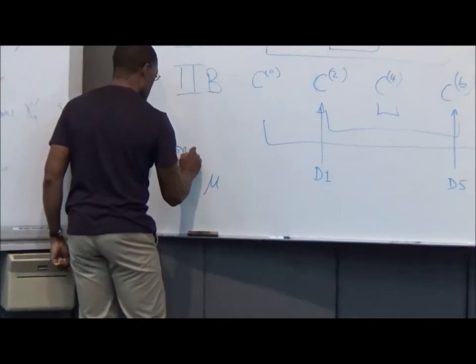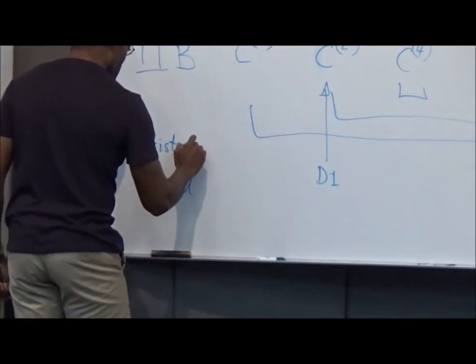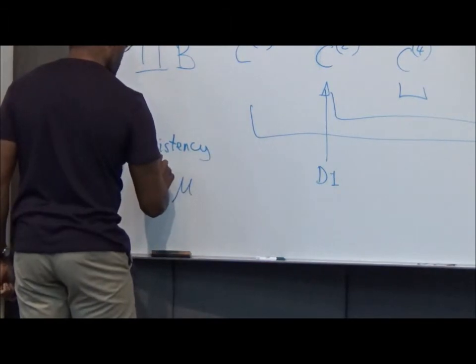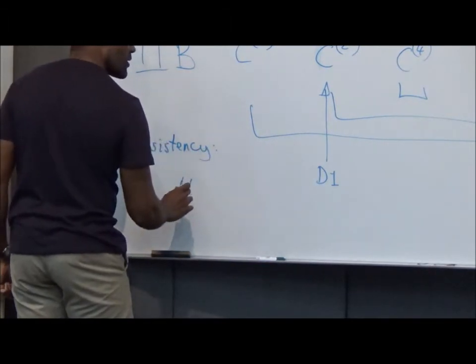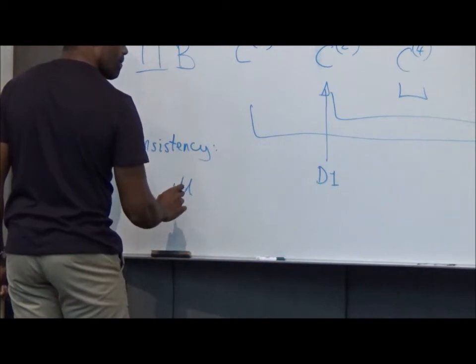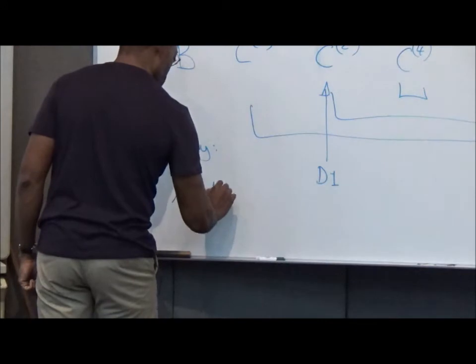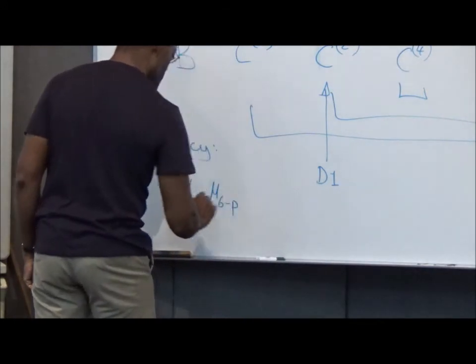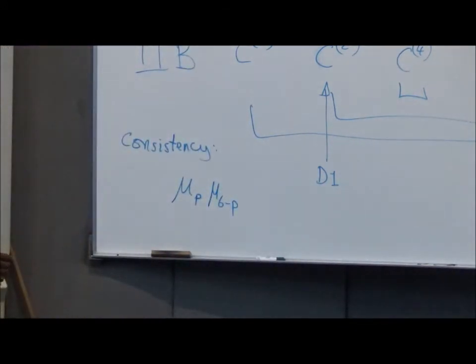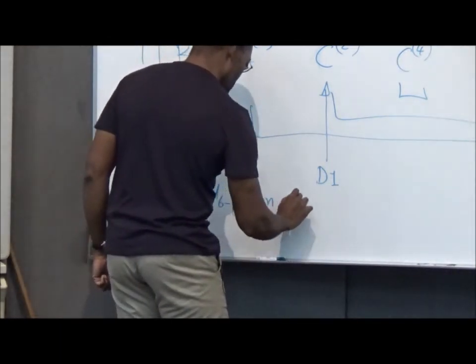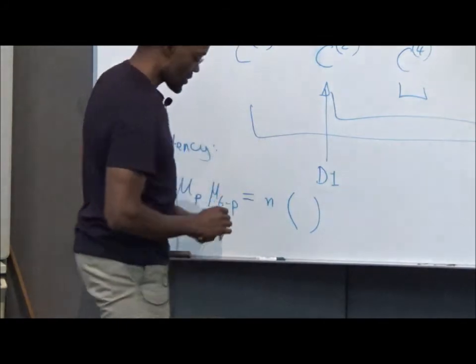So consistency. I'm saying a lot of words, not writing them all down, so I hope you're making notes. Consistency says that the mu_p and mu_(6-p), that would be the analog, had better be n times some basic quantity.